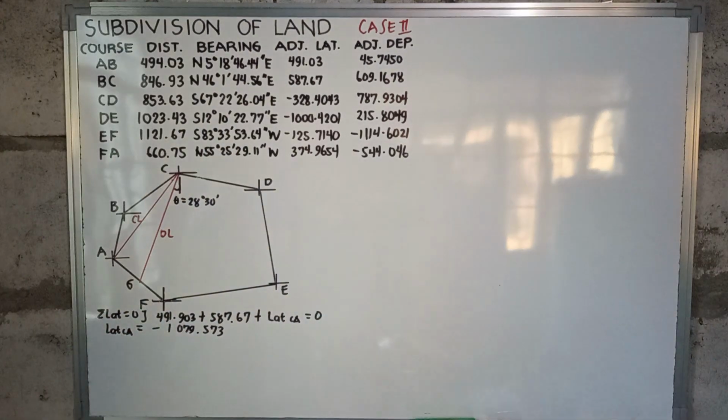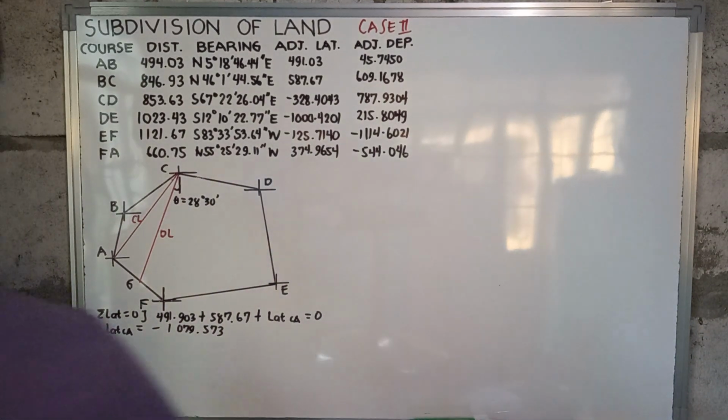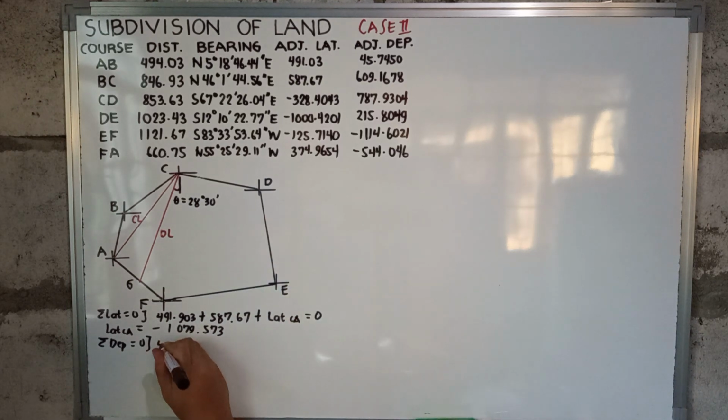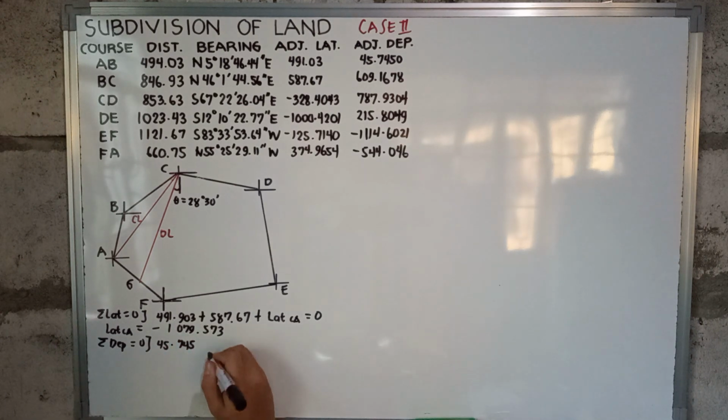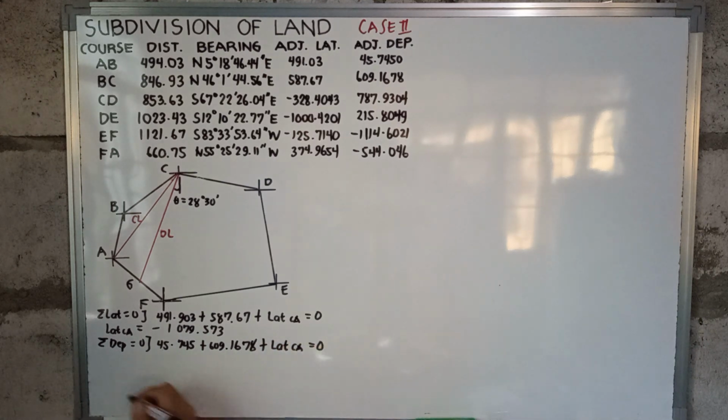And then, we will solve summation departure is equal to 0 para makuha natin yung departure from C to A. So, departure niyan is 45.745. That will be the departure of AB plus 609.1678 plus yung departure from C to A is equal to 0.